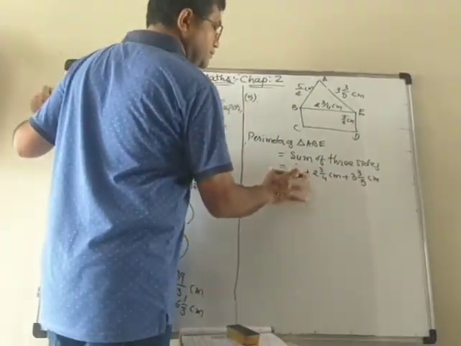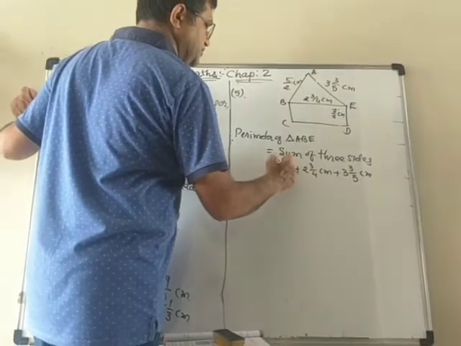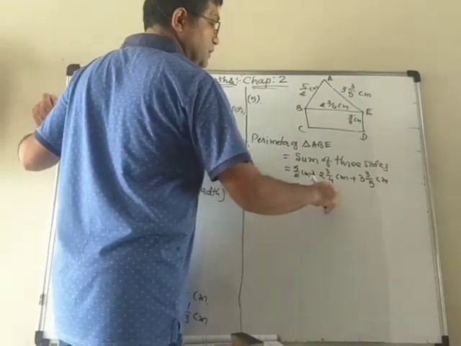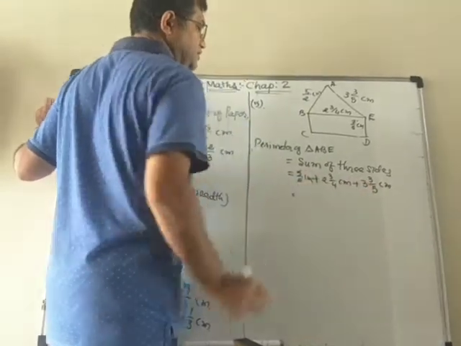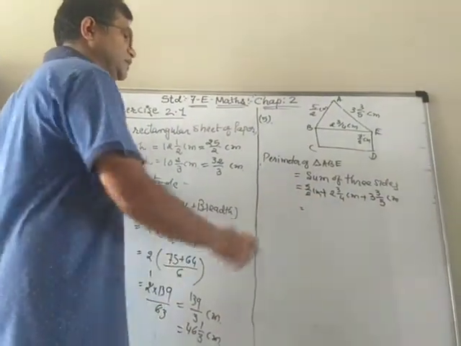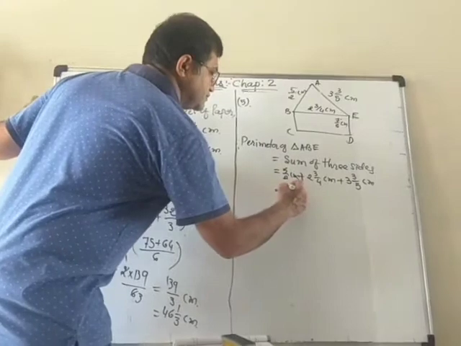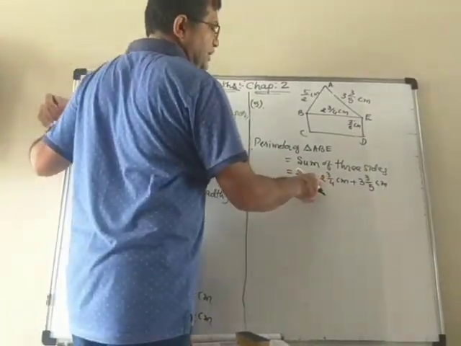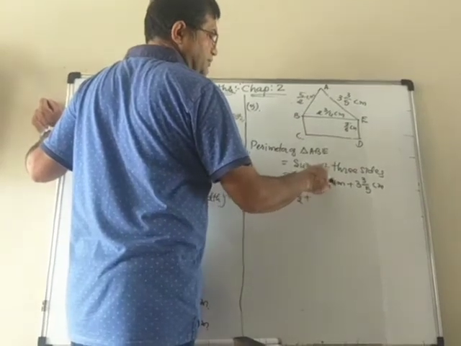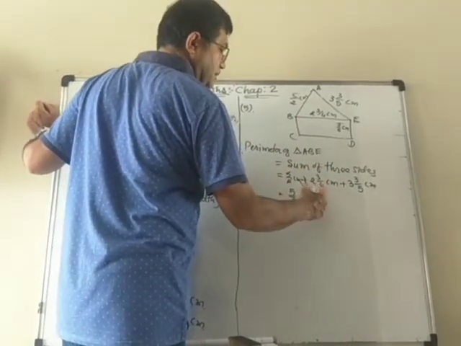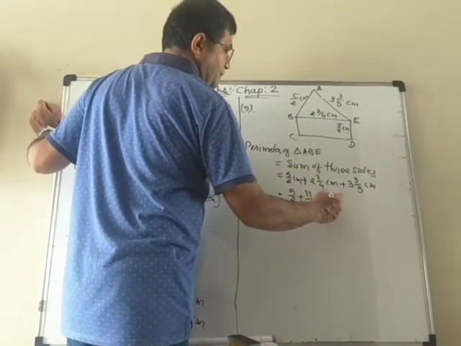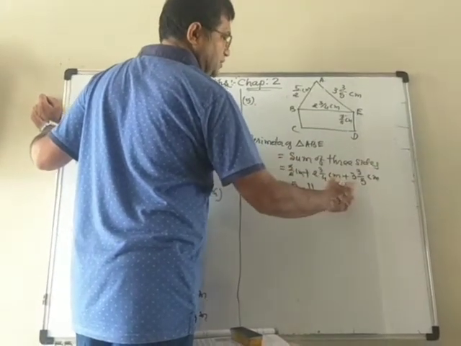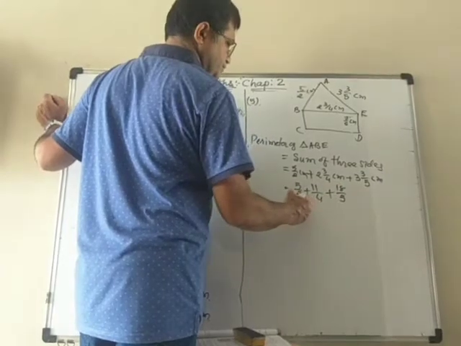So now we have to add this. But before we add it, we have to convert these two into improper fractions. So 5 upon 2; 4 twos are 8, 8 plus 3, 11 upon 4; plus 5 threes are 15 plus 3, 18 upon 5.